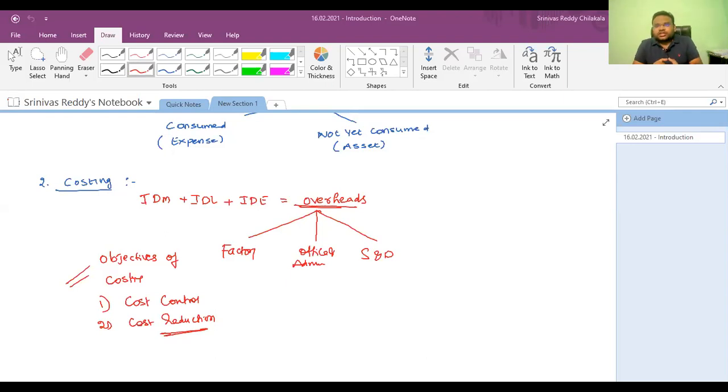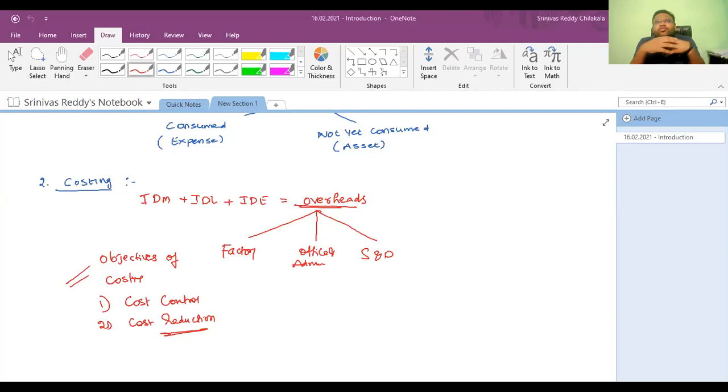Responsibility centers means I am putting responsibility on each center. For each center, I'll put one head. He is responsible. I'll tell you in brief all these 4 concepts, then we'll understand each topic one by one.